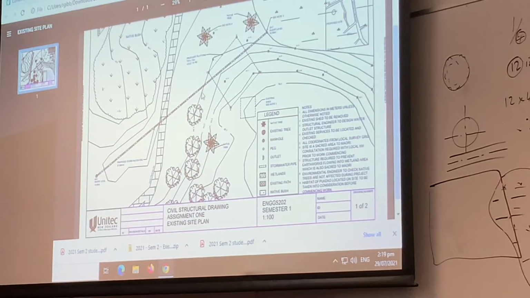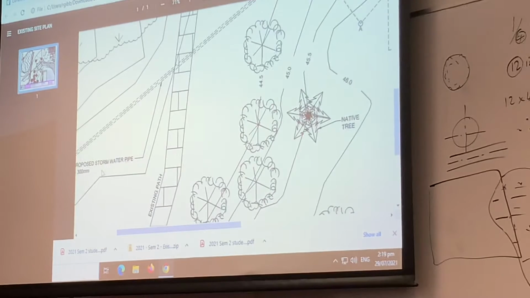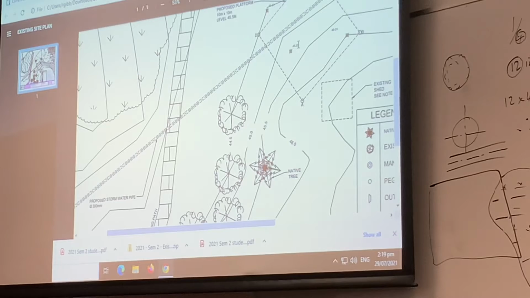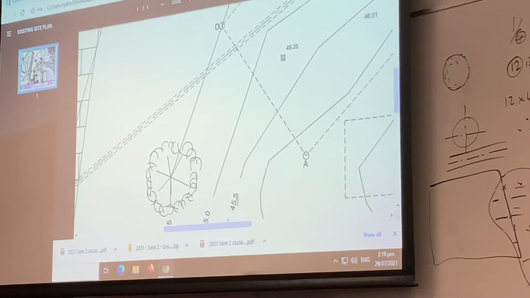Another thing, very long arrows here to the pipe, the stormwater pipe. They haven't joined up the survey labels very well. They should have brought the line in to meet them, and that spot height is the right height, but that is the wrong.